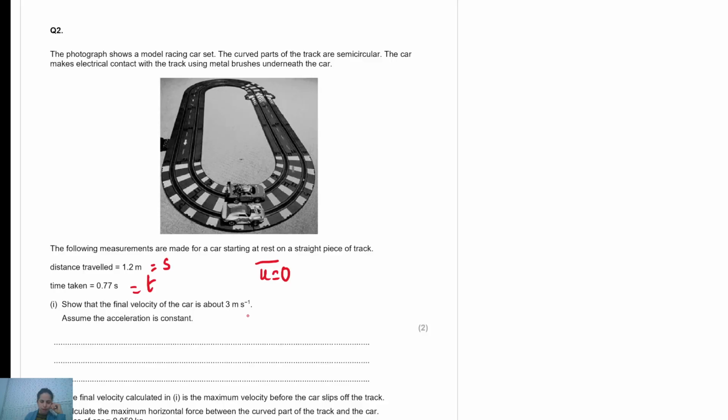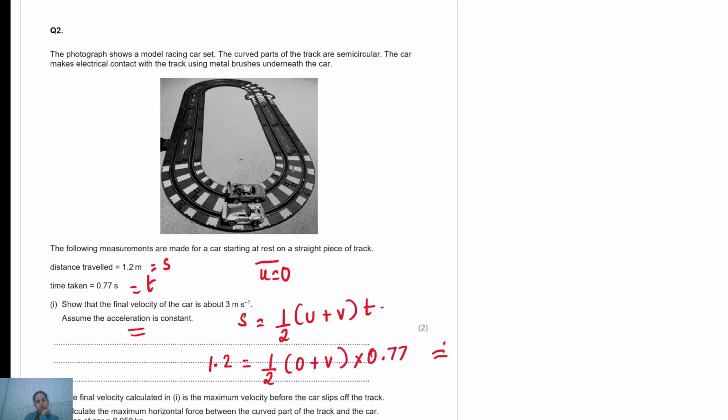So I'm going to just use, because acceleration is constant, I'm going to use this equation. Okay, because they want final velocity. Now s is 1.2, which is 1/2 times (0 plus v) times 0.77. So this becomes 1.2 times 2 divided by 0.77 is equal to v.